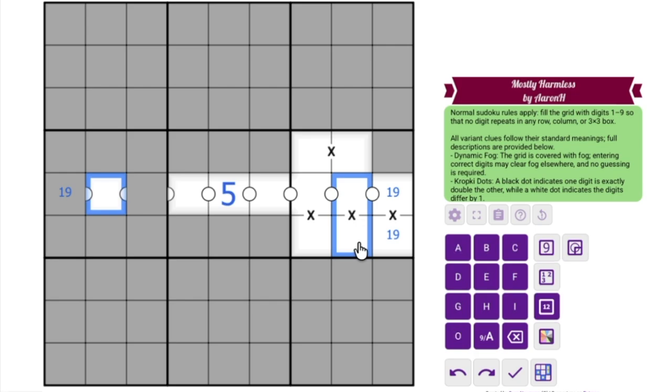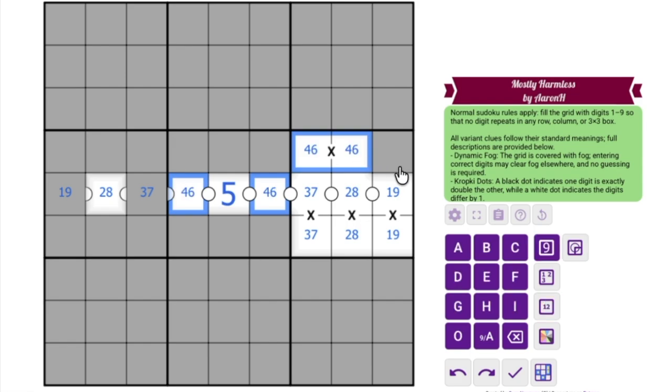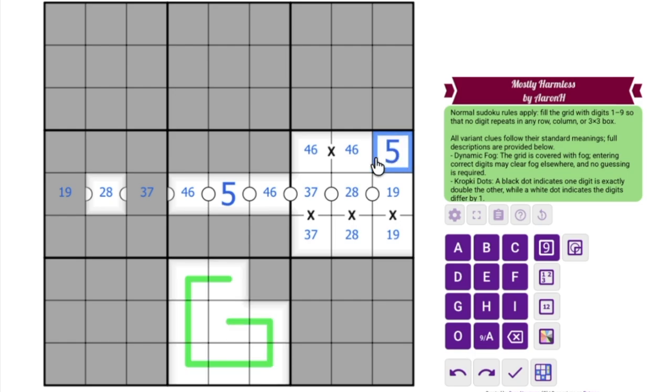The same can be said here, so these will be 2 and 8. These ones here will be 3 and 7, and then these final ones here will be 4 and 6. So that is all the cells that have a partner that adds to 10 in this box. Only remaining digit left over is a 5.